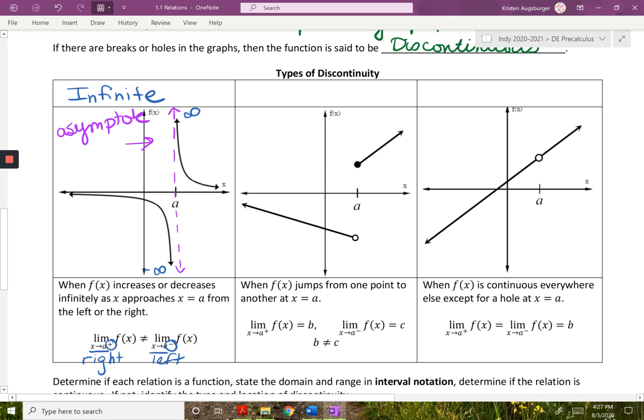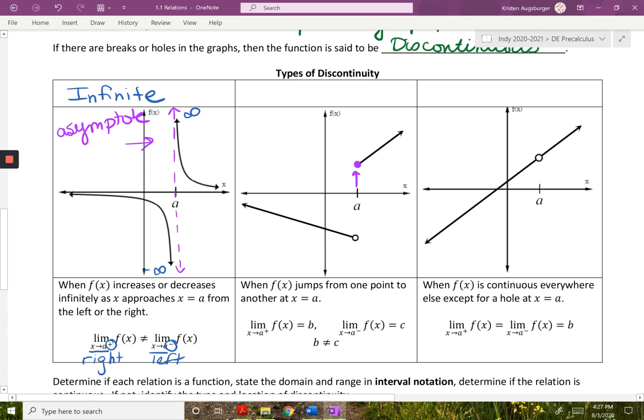The next one, looking at here, is clearly new. My graph is flowing down here before my A, and right at A, it jumps up. So at A, all of a sudden, I have a completely different value.